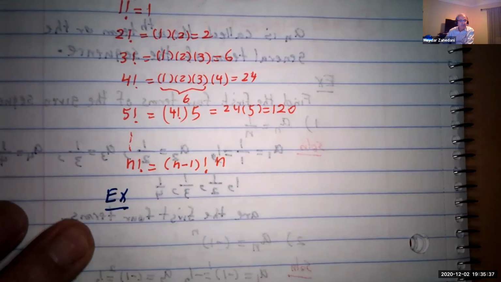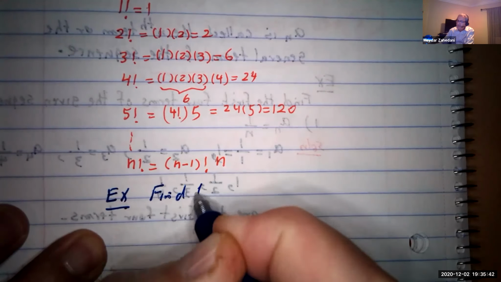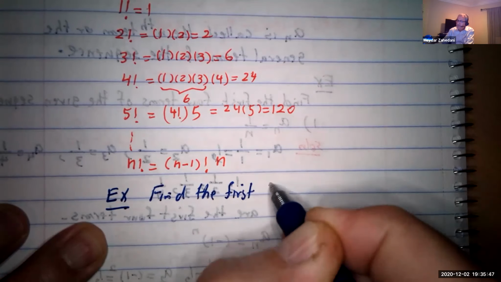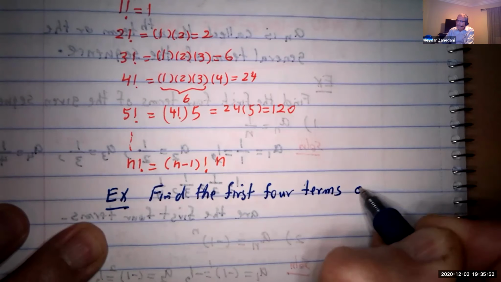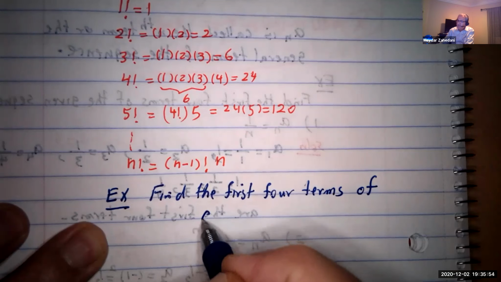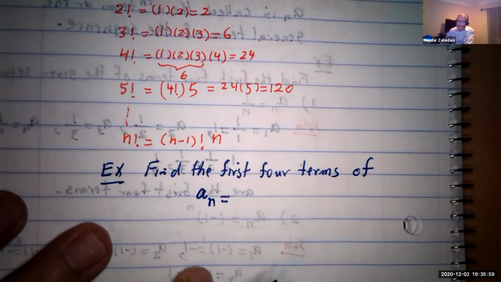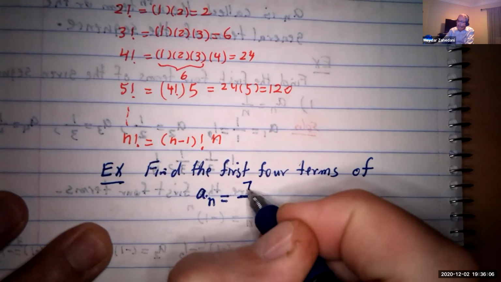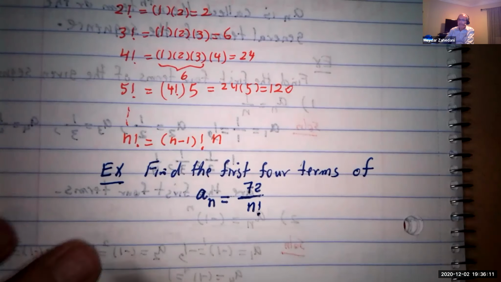So we may ask you to find the first 4 terms of the sequence a_n. It is going to be a sequence a_n that is given by, let's say, 72 over n factorial.